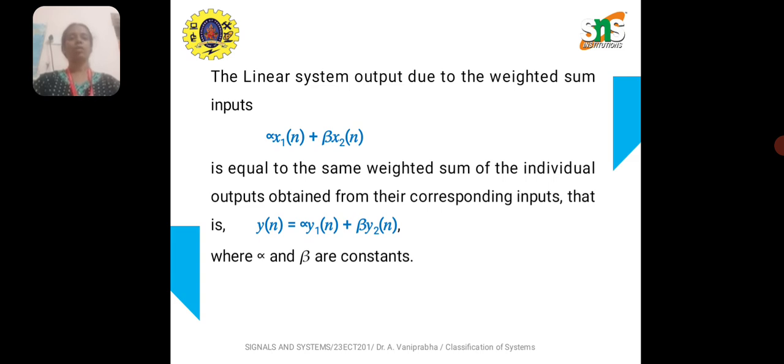That is, y of n is equal to alpha y1 of n plus beta y2 of n, whereas the input is alpha x1 of n plus beta x2 of n. Here alpha and beta are constant values.